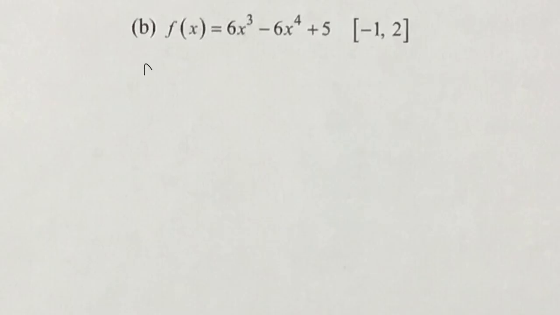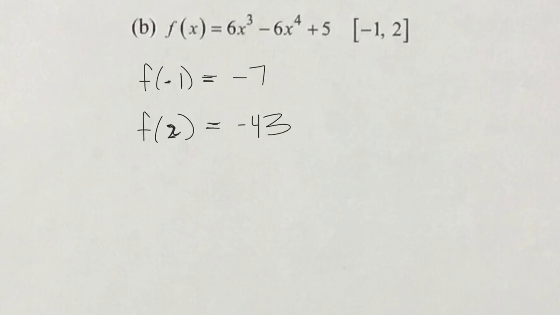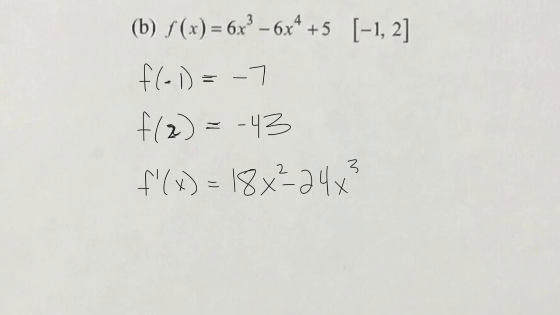Okay, let's first go ahead and calculate our 2 endpoint y values. We know we have to do that, those are part of our critical values, so let's do this first. Now, let's take the derivative, which is 18x squared minus 24x cubed. And we also want to know when that is equal to 0.